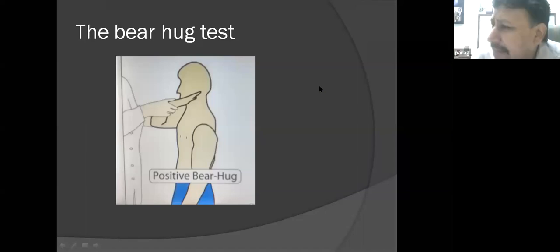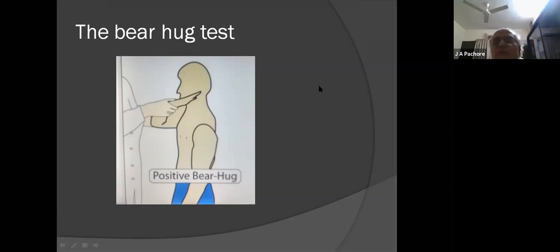I don't think we can give an absolute landmark for anterior joint line pain, but it is a pain which is just lateral to the coracoid process. The best is to tell them that it is just lateral to the coracoid process and just in front of that, probably the joint line.